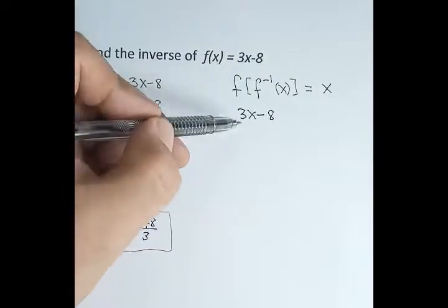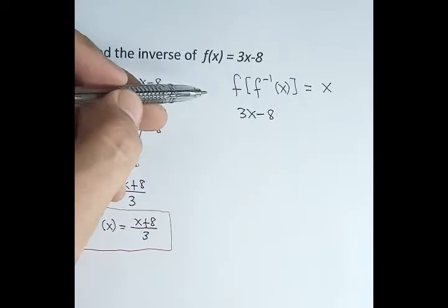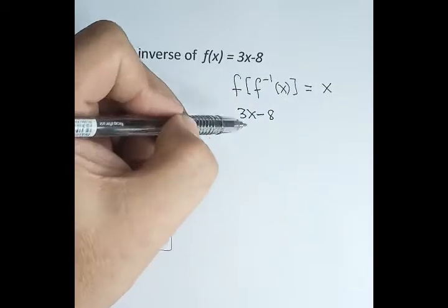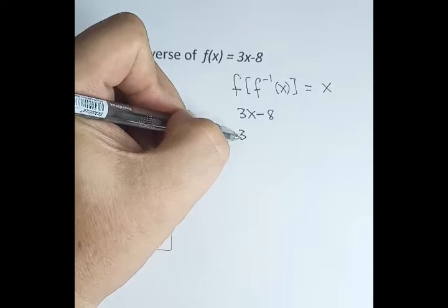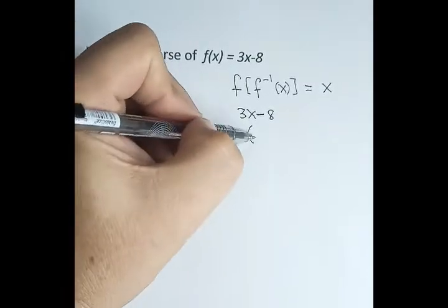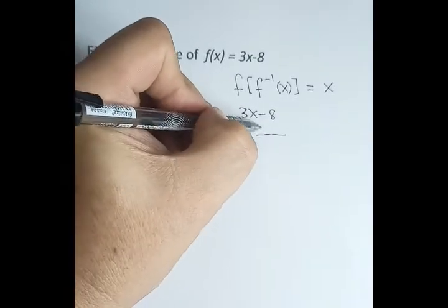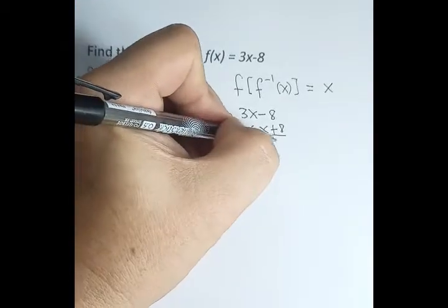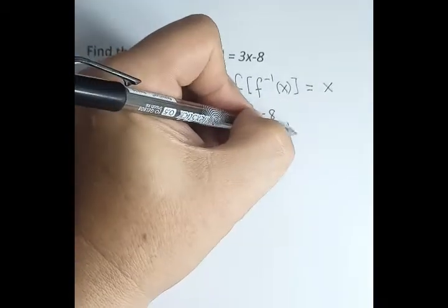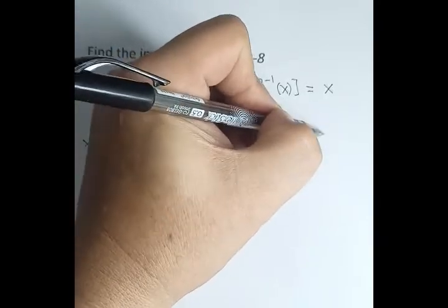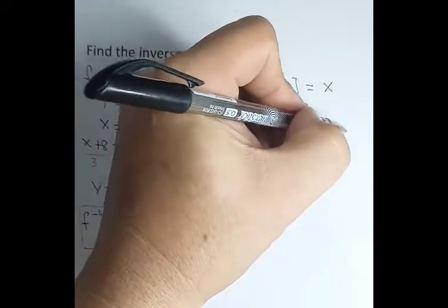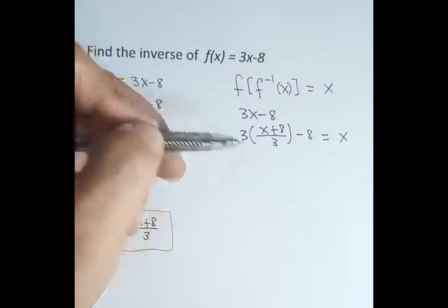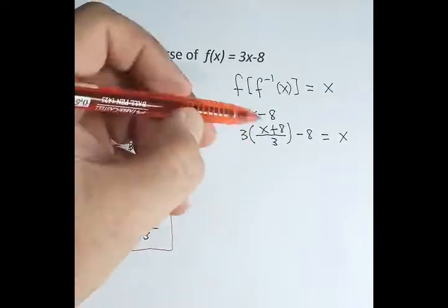So first, taking the inverse of the function. So we have 3 times x plus 8 over 3 minus 8. So it must equal x. So the 3 cancels out, right?